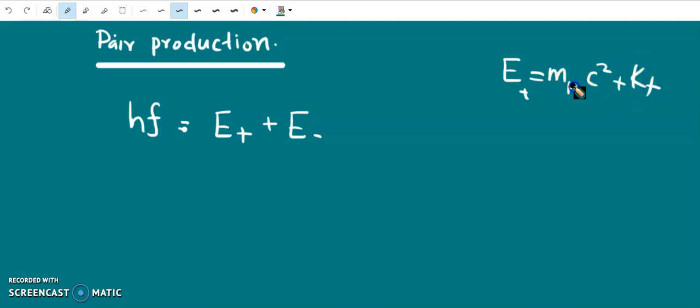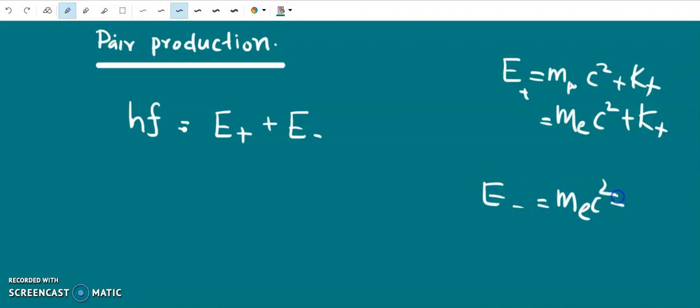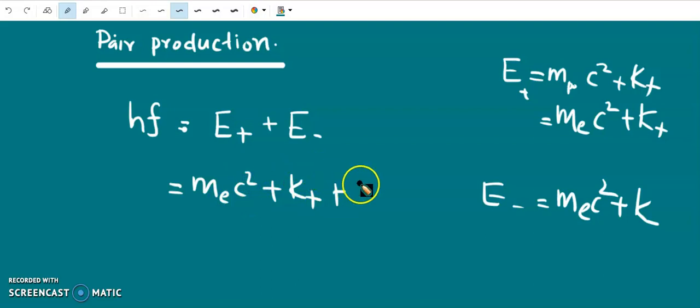The rest mass of the positron is the same as that of the electron. So we can write m_e c squared plus K plus, and E minus is the rest energy of the electron plus the kinetic energy of the electron, m_e c squared plus K minus.